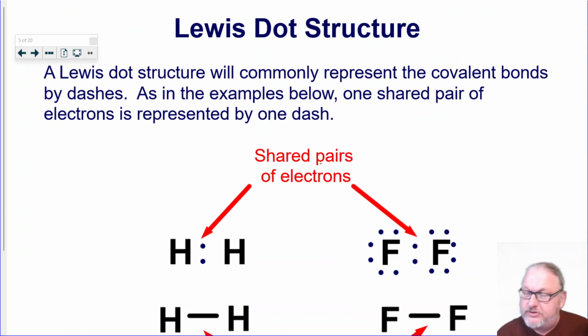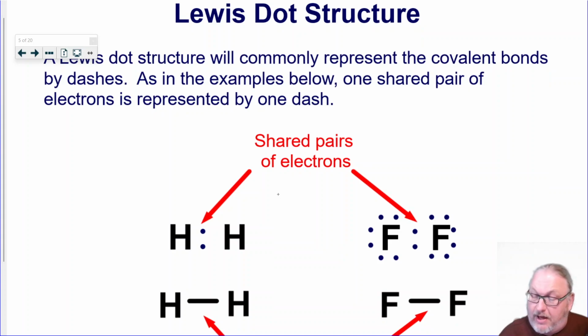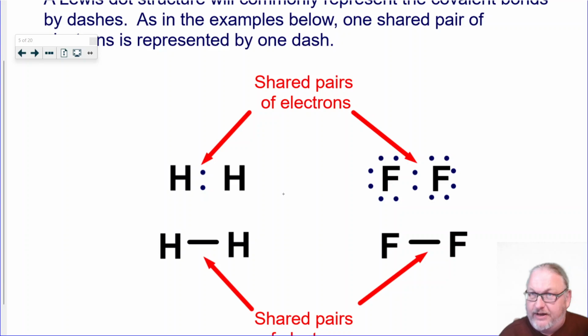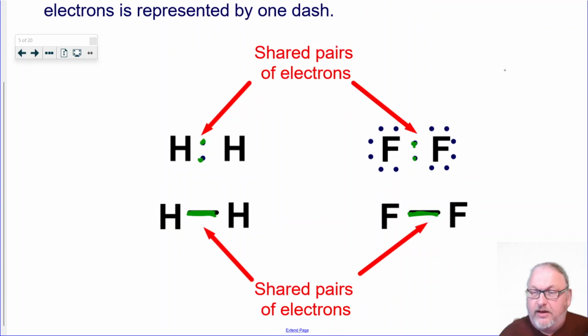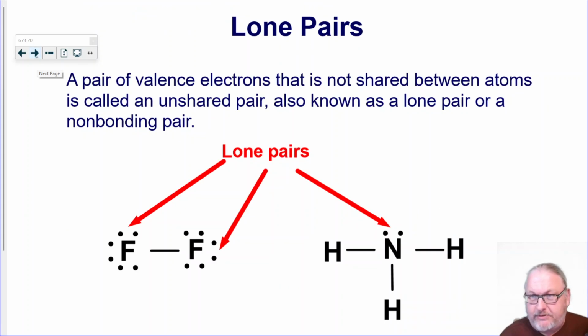In a Lewis dot structure, they commonly represent those bonds, the ones where they're sharing, with a dash. Here are some examples. You can put the little dots in, or you could just put the dash in. That dash means you've got a shared pair of electrons. Sharing is caring.